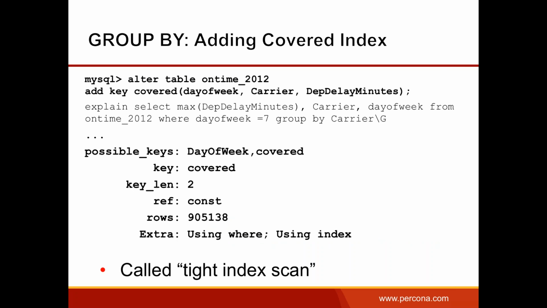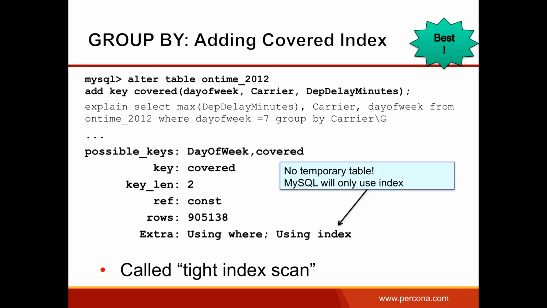This algorithm is also called tight index scan. So that is much faster. This is the best approach. There's no temporary table, and MySQL will only use an index. So it will not go through all those 150 fields that are available in this table.